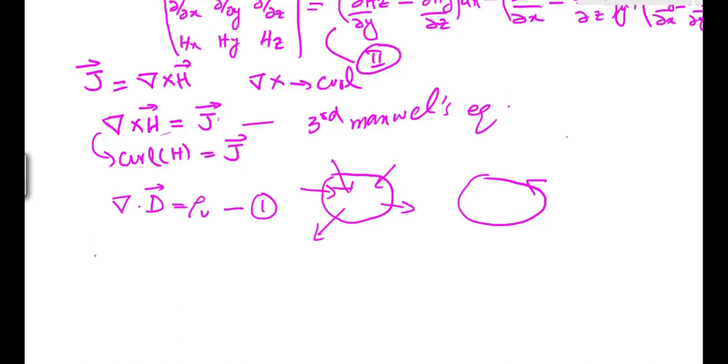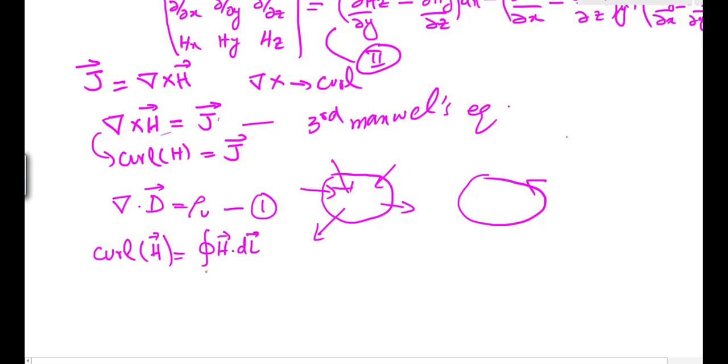So what was the definition of the curl? Let me rewrite it. The curl of any vector is equal to the closed path integral of that vector quantity divided by the area, when the area tends to 0, which means the area becomes very, very small, which is the point form.